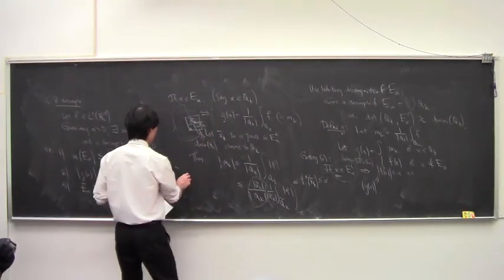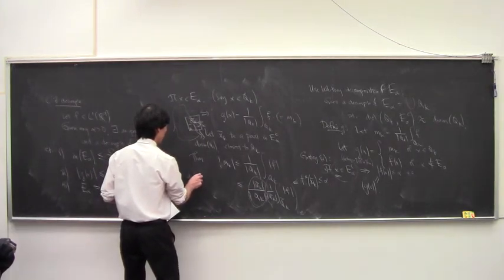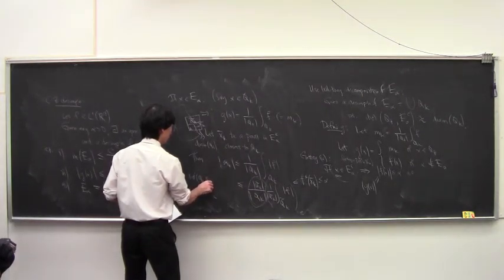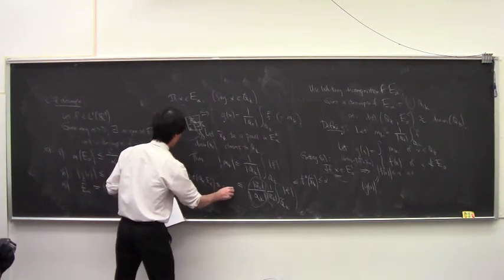What do you mean by comparable? The distance of x k bar to Q k will be bounded above and below by the diameter, by some multiples C 1 and C 2.